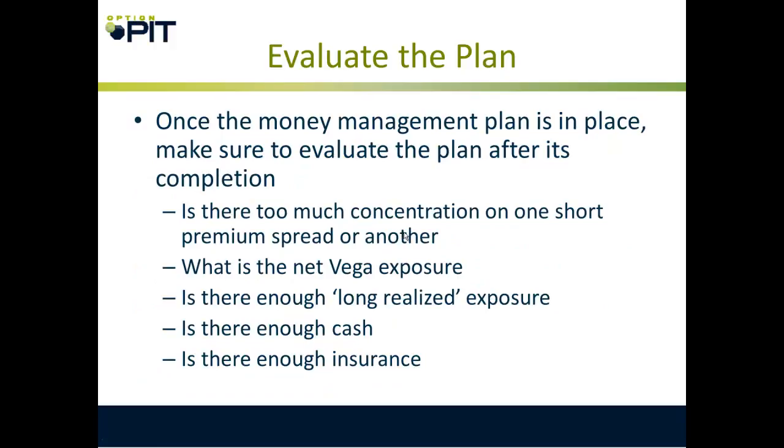So you have a money management plan in place and you evaluate it, right? So the idea is, is there too much concentration on short premium on one side or another? What's your net Vega exposure? Remember, positions at a VIX at 12 look a lot different when the VIX is at 30, as far as the market goes.